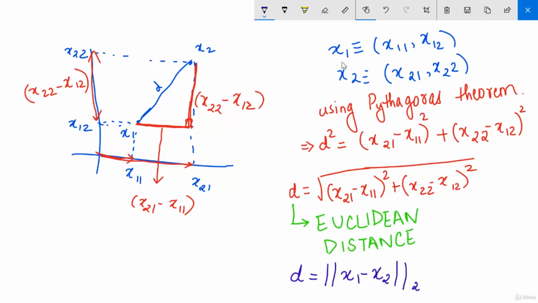We are finding the distance between x1 and x2. I'm denoting it with a 2 because it follows a similar pattern. So make a note of this: this distance is also written as d is the absolute value of x1 minus x2, with 2, or the modulus of x1 minus x2. In a minute, I'll let you know what exactly 2 stands for, so don't worry about that.